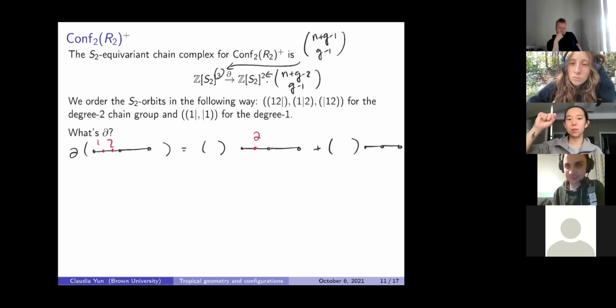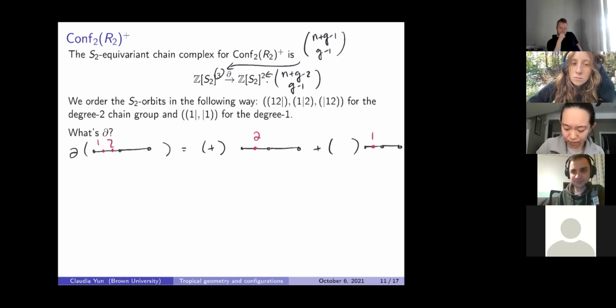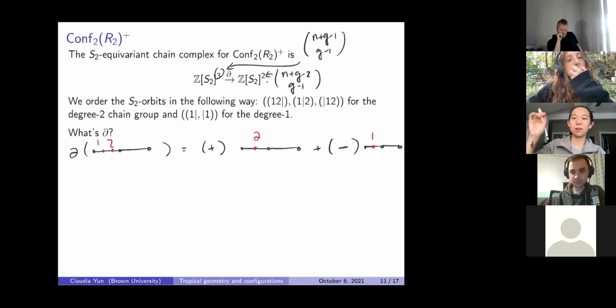And if 2 slides down to the vertex, then we end up with this configuration here. And it turns out after some careful manipulation that we always get plus for the case when the left particle slides down, and we always get minus for when the rightmost particle slides down.